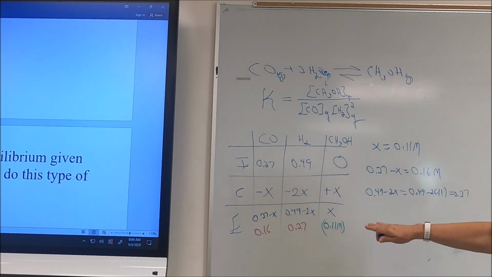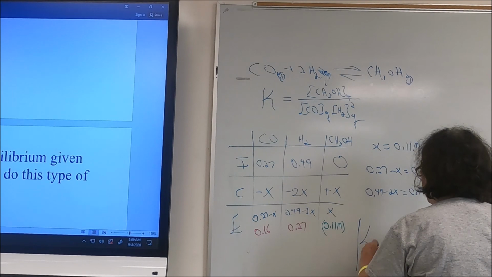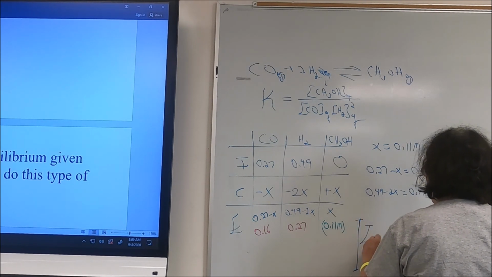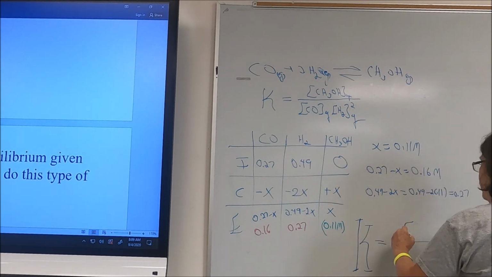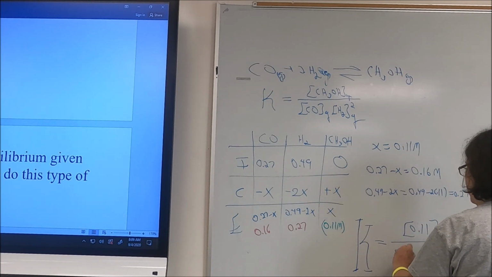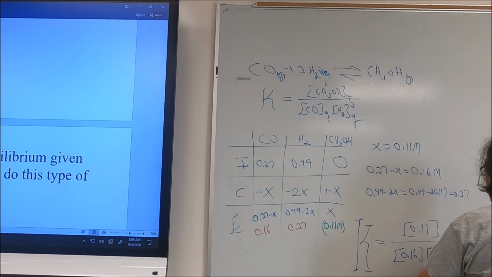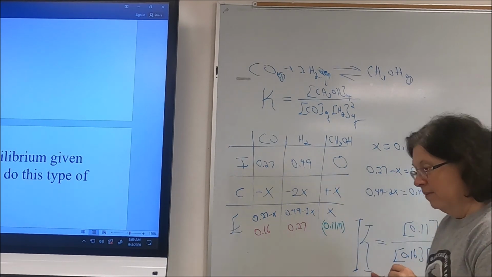Okay? So now I have all the concentrations at equilibrium, and all I have to do is plug into the K expression. K then is 0.11 over 0.16 times 0.27 squared.